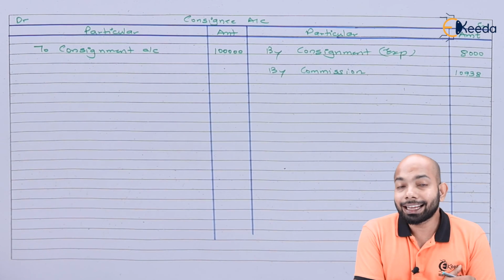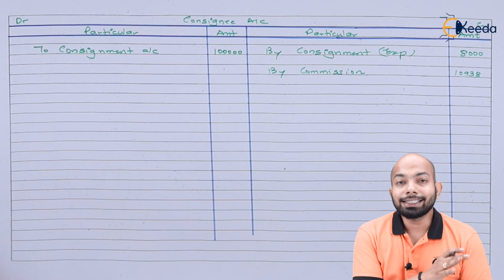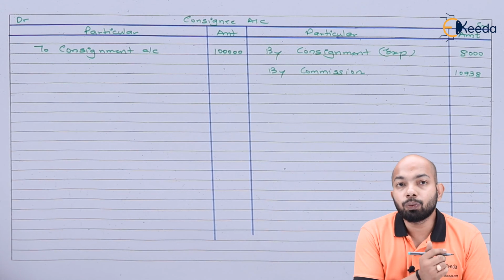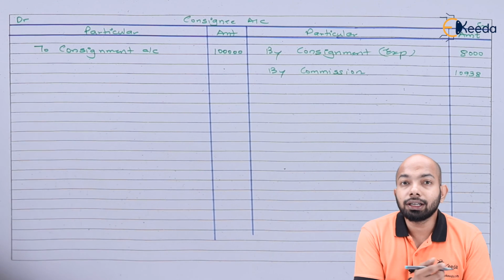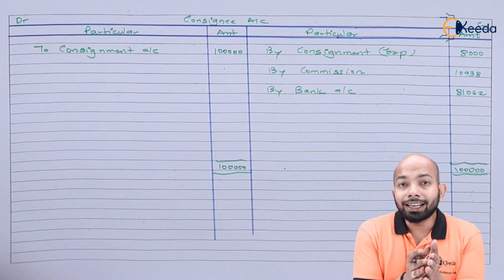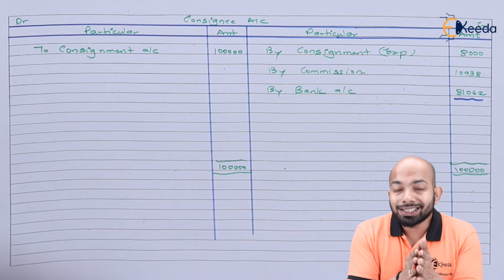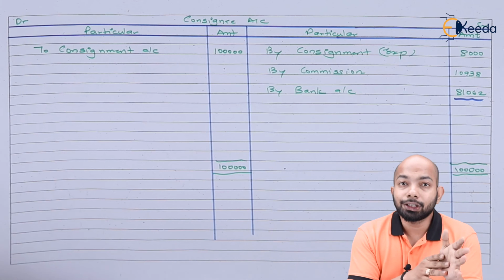And on the credit side, again the next entry will be the commission, that is 10,938. Rest, there will be only a balancing figure now because there is nothing else to be mentioned in the account here. So let's clear this and close the consignee account as well. The one highlighted by blue here is the bank balancing figure. So this is the amount that can be remitted, and this is something that has been sent to Ajay.